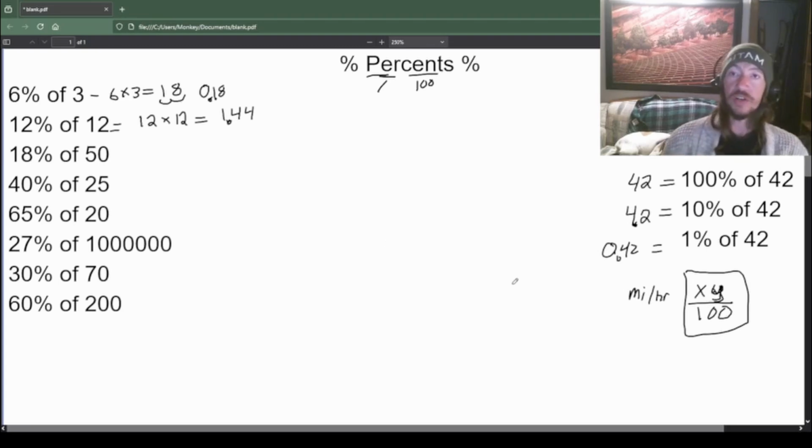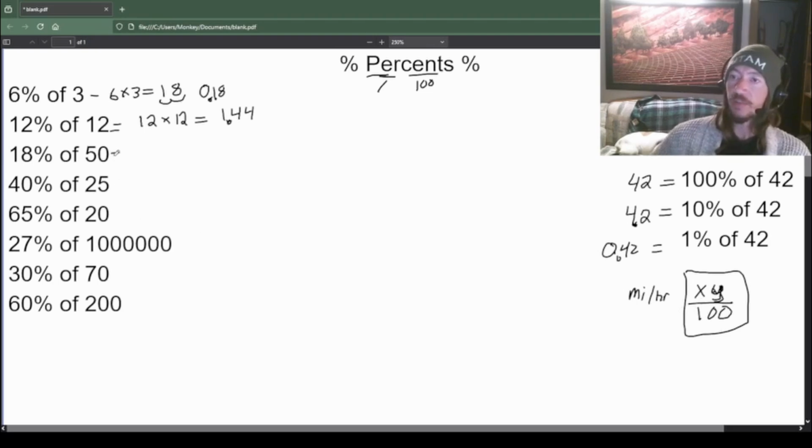All right, let me show you another trick that comes as a result of this. Since all we're doing is multiplying 2 numbers, x times y, and dividing by 100, we can do that in any order we want. Multiplication is commutative, which just means that x times y is the same as y times x. So that means for us, x% of y is the same as y% of x.